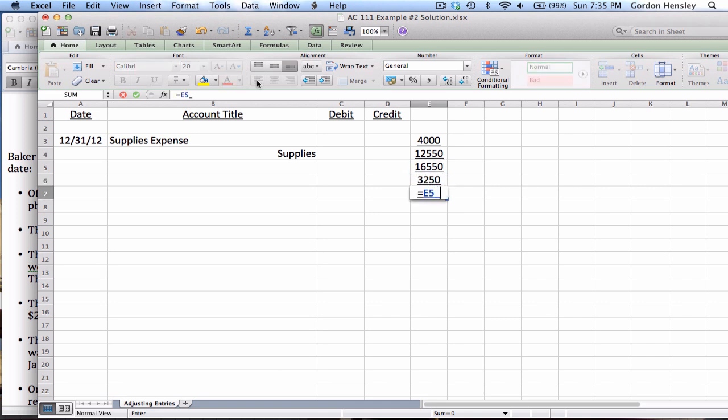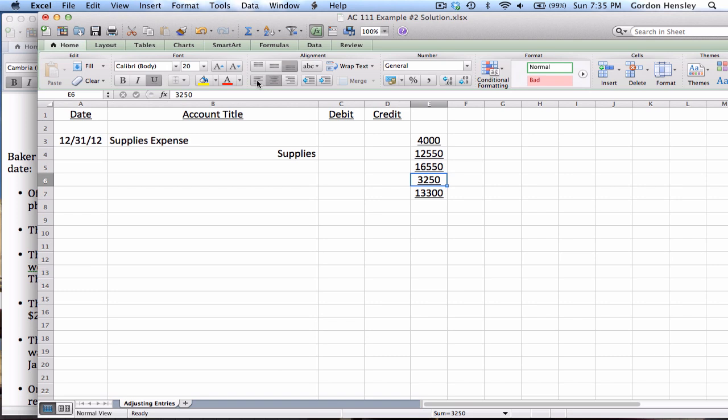Well, if there was $3,250 remaining, that means that that portion of the supplies were not used. So the beginning balance of $4,000 plus the additional purchases of $12,550, that gives me $16,550, minus the supplies that are left, because if they're left, they haven't been used.